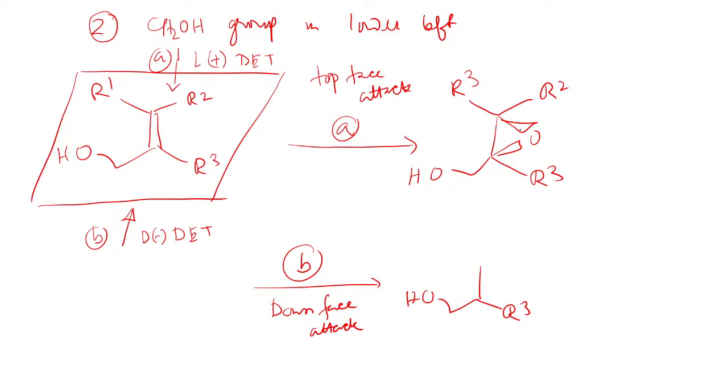It does not matter, you can draw this epoxide on this side also, because you want to just show the face of the epoxide. So then you get this product. So when your CH2OH group is in the lower left side, then plus DET will attack from the top face and minus DET will attack from the down face. And we discussed already, when it is lower right side, then the minus DET will attack from the top face and L plus DET will attack from the down face. So this you have to remember.